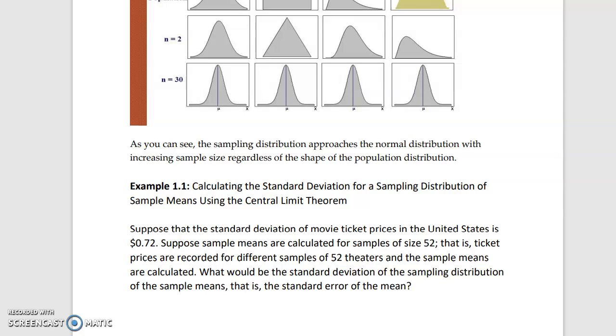Well, it's about 0.1. So 0.72 divided by the square root of 52 is about equal to 0.1. So that's it for this video.